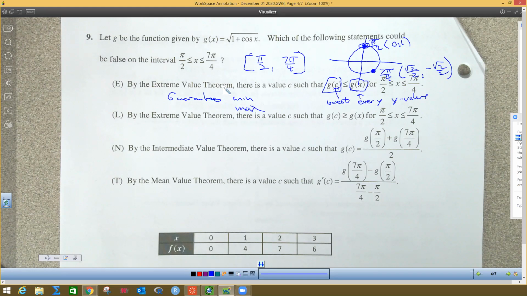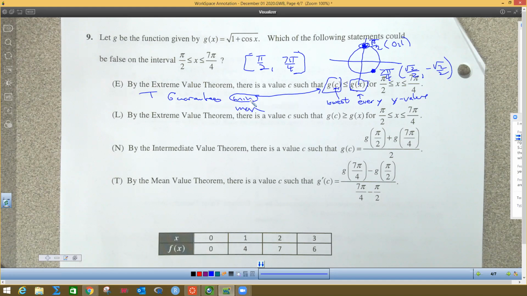Does the extreme value theorem guarantee that we can find a value that's less than or equal to every y on this interval? Yes, it does. We are guaranteed there's a minimum, and this would represent the minimum because it's less than or equal to every point here. So it's the smallest. So this one's true.